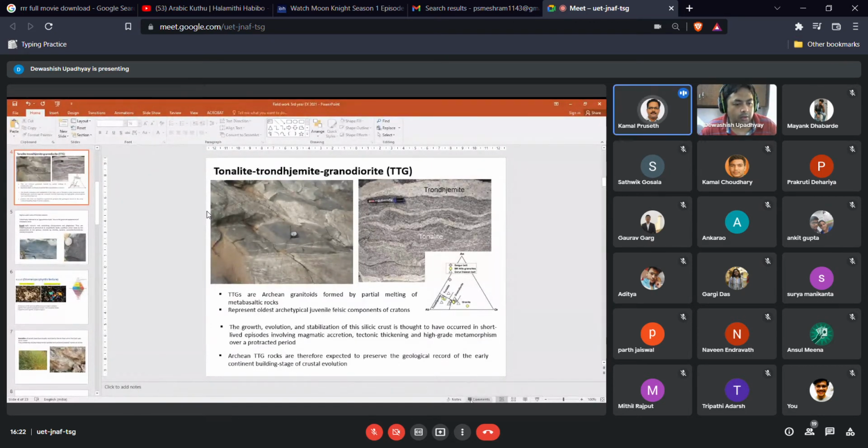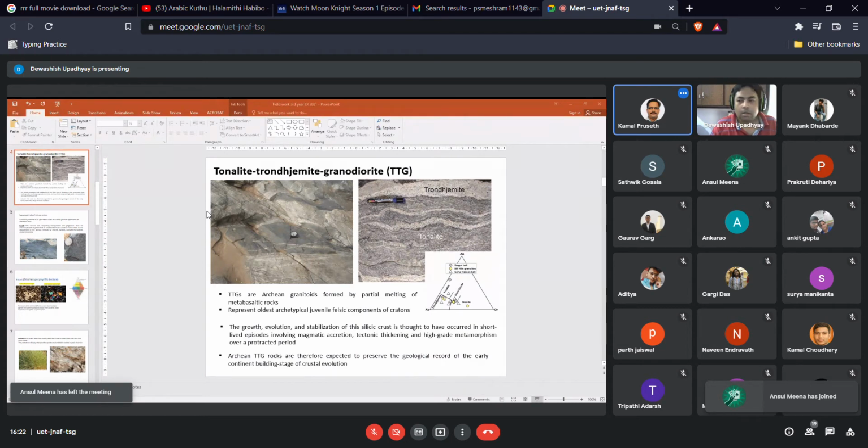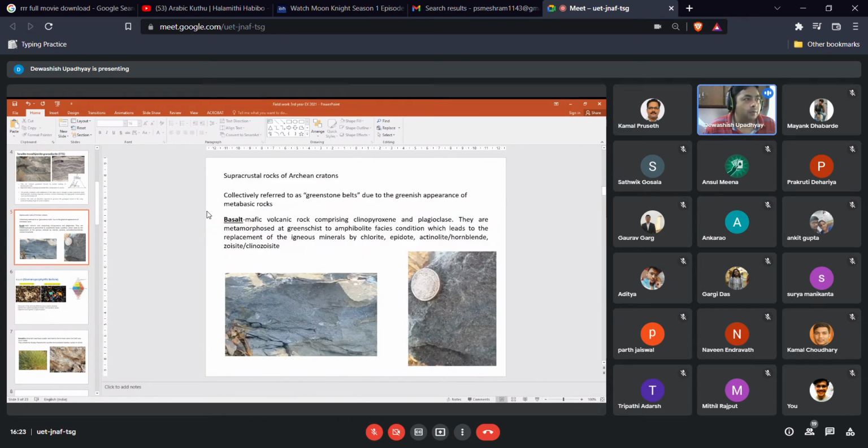The screen is visible now, but not in full screen mode. Let me bring it to the other one.